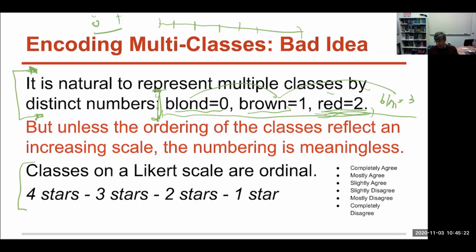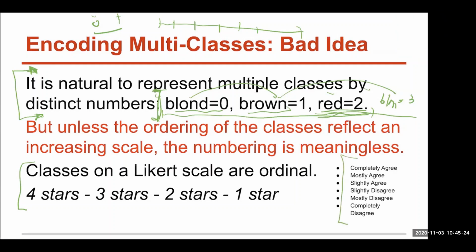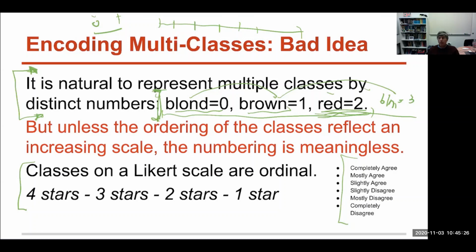A classic problem in natural language processing is trying to predict the review that someone will give a movie. A typical problem people work on a lot is: could you read the review of a movie and predict whether they're going to give it 4 stars, 3 stars, 2 stars, or 1 star?